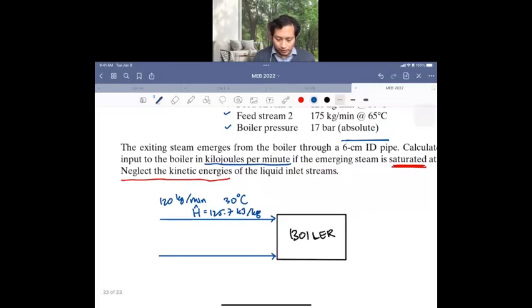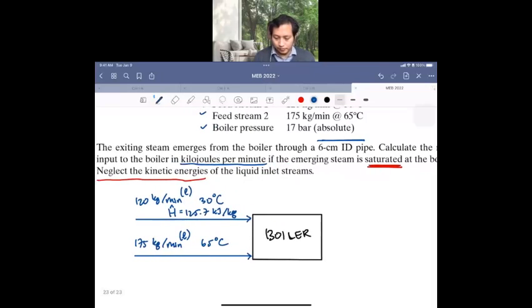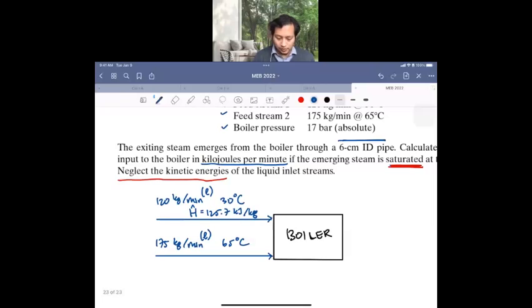And the second stream is at 65 degrees Celsius. You can also mention that it's still liquid. So liquid, and then the enthalpy for the second stream is 271.9 kilojoules per kilogram.